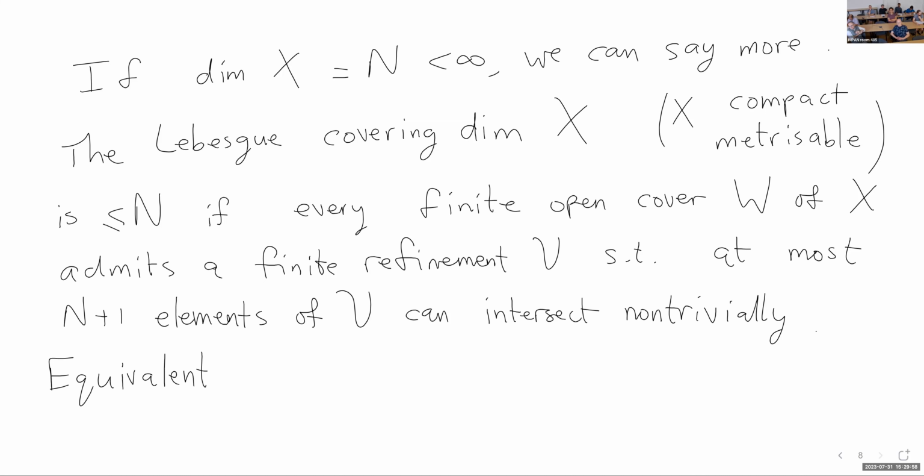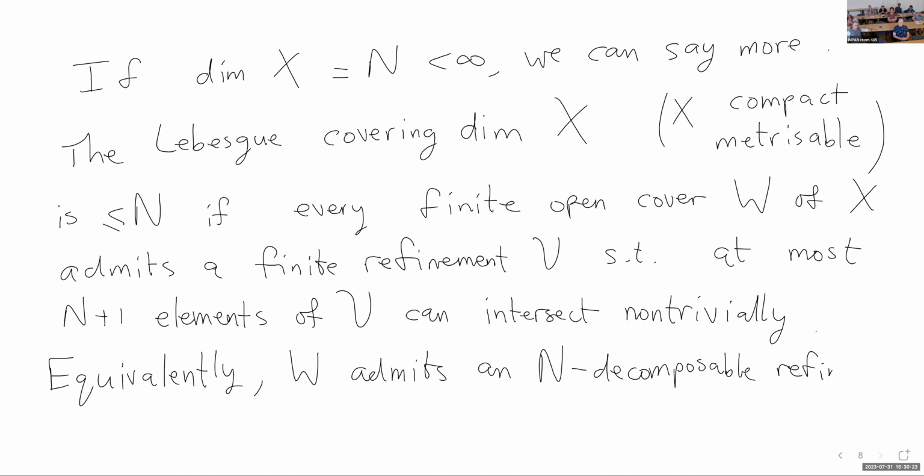Right, so equivalently, this is a very useful way of thinking about it, which will get us to the notion of nuclear dimension. So equivalently, W admits an n-decomposable finite refinement U, let's say U = (U_i), such that I is an index set.